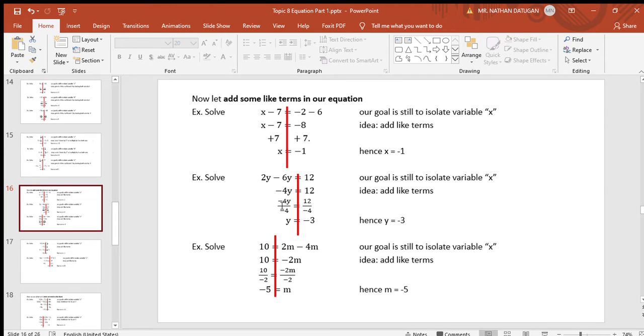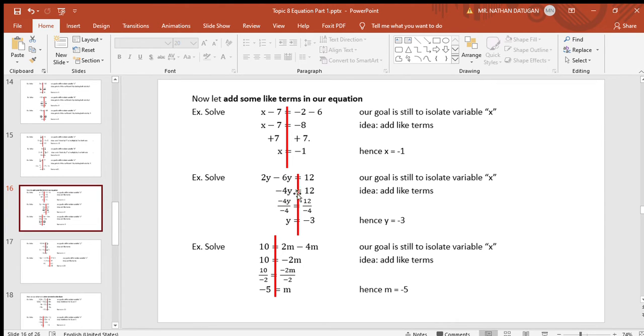Now let's move on. We have 2y minus 6y is equal to 12. What we're going to do is add like terms. Is there any like terms? Yes, 2y and 6y. So add the coefficients and you're going to get negative 4y equals 12.